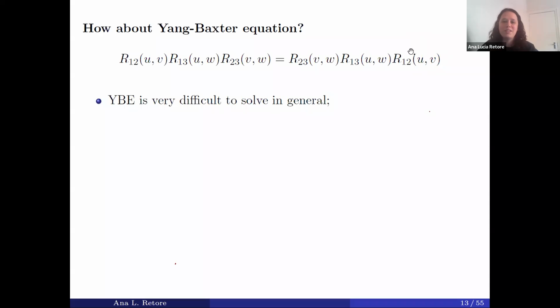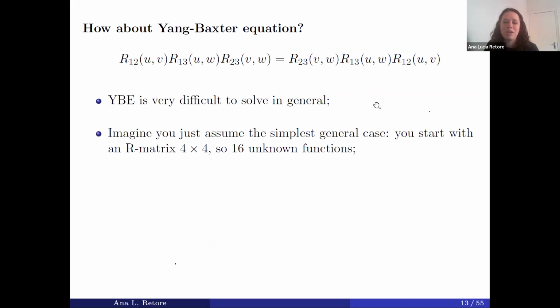So if you try to solve Yang-Baxter without some specific technique, if you see this equation for the first time and think, oh, let me choose an ansatz and solve it. Let's say you choose the simplest, 2-dimensional vector spaces. So you have 4x4 R's, in principle 16 unknowns. You'll be in huge trouble, because each R depends on 2 variables, and Yang-Baxter itself depends on 3.